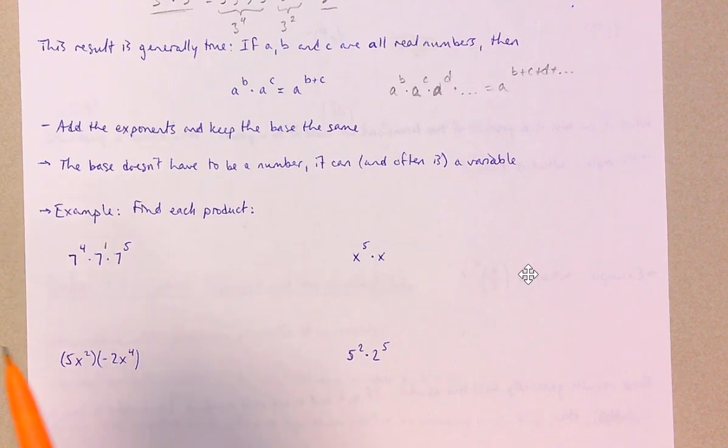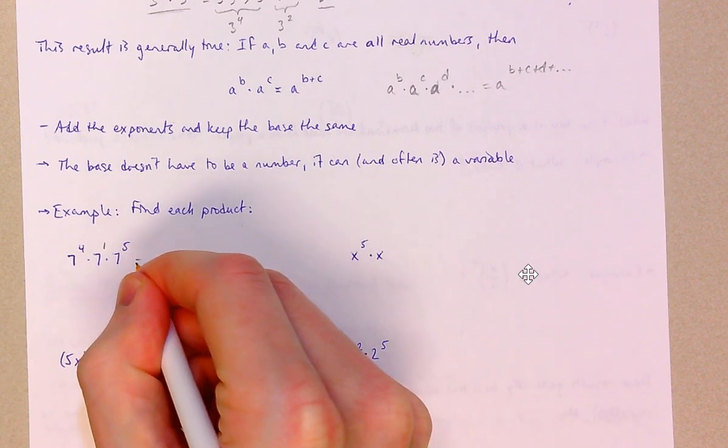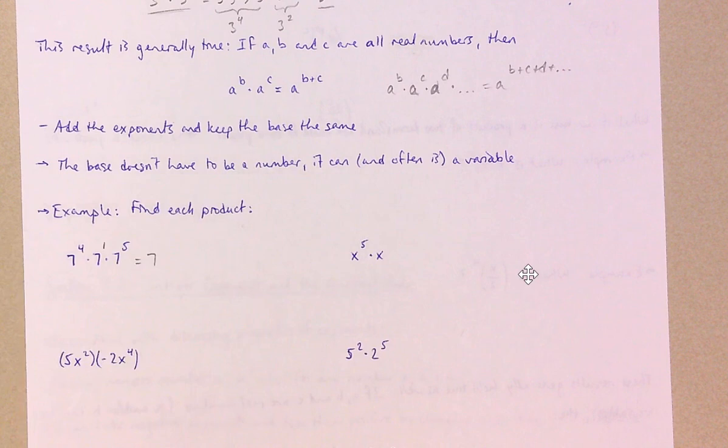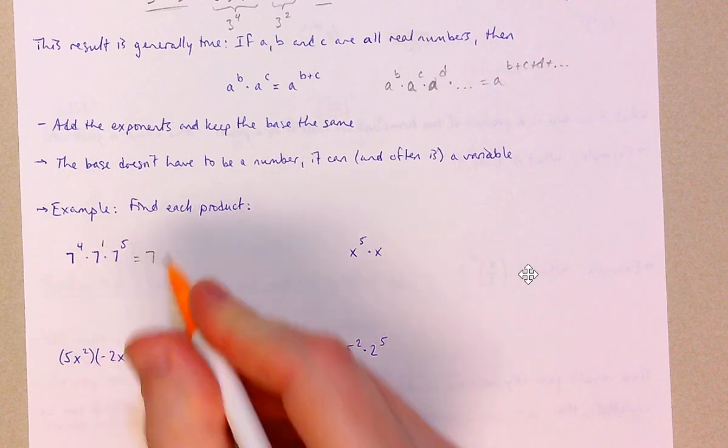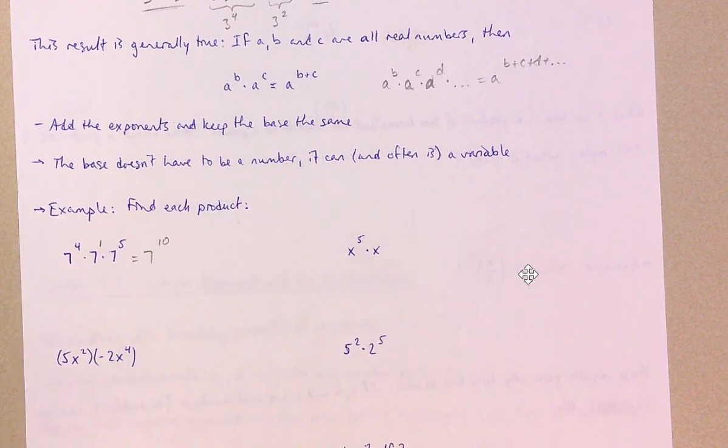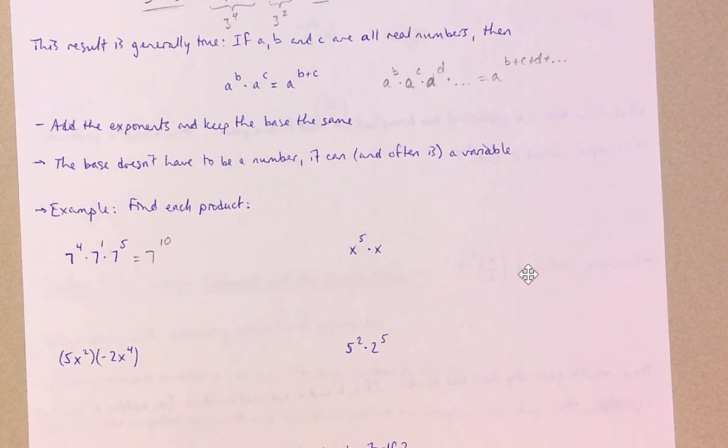That's good. That means that when I multiply these things, I'm going to get something that has the same base, but now I add these powers. So it's 4 plus 1 plus 5, which gives me 10. And you could plug this number into your calculator. You do get a very large number. I believe it's over 282 million.